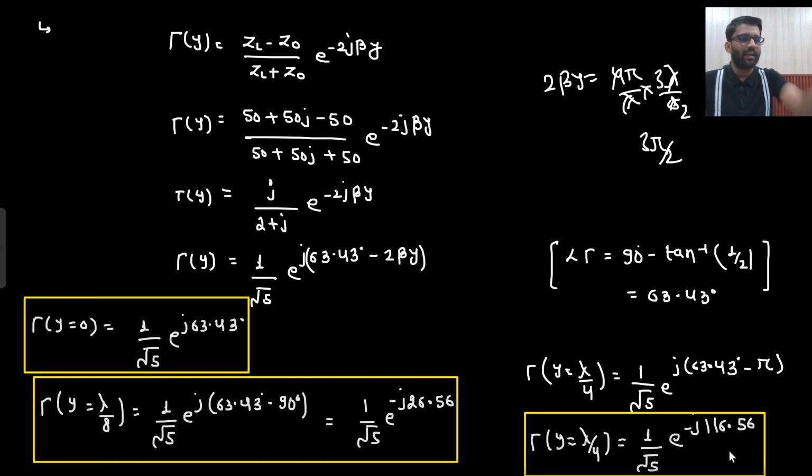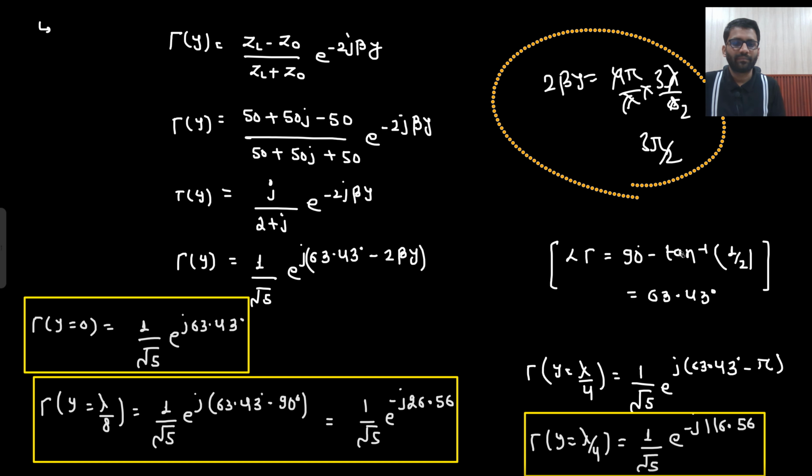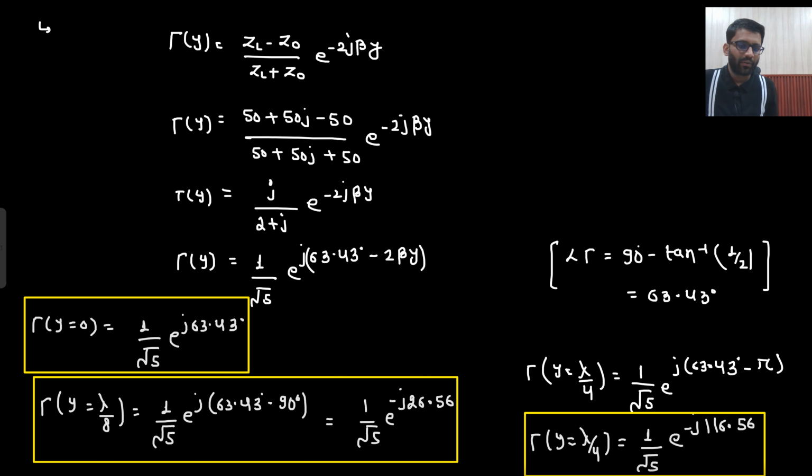So from this another 90 degree will be subtracted, right? So magnitude remains as it is, 1 by under root 5, and another 90 degree will be subtracted from this value. So what we are gonna get? Minus j, 206.56.